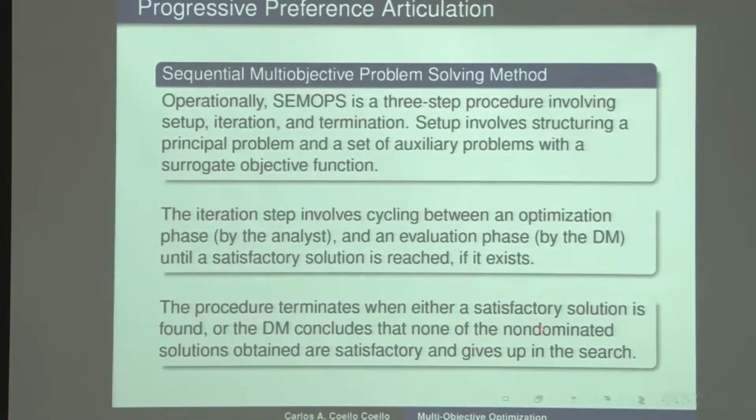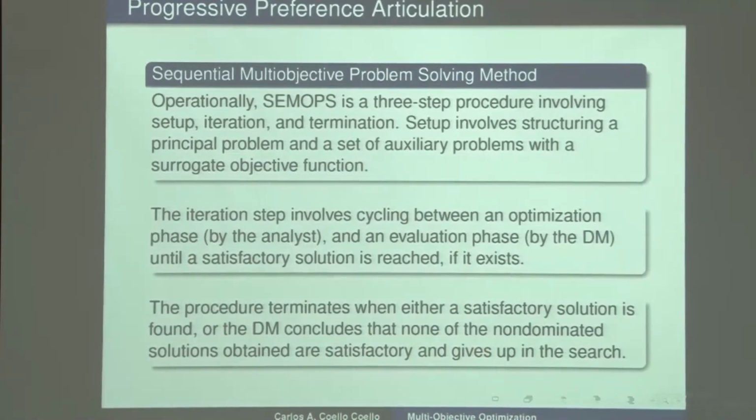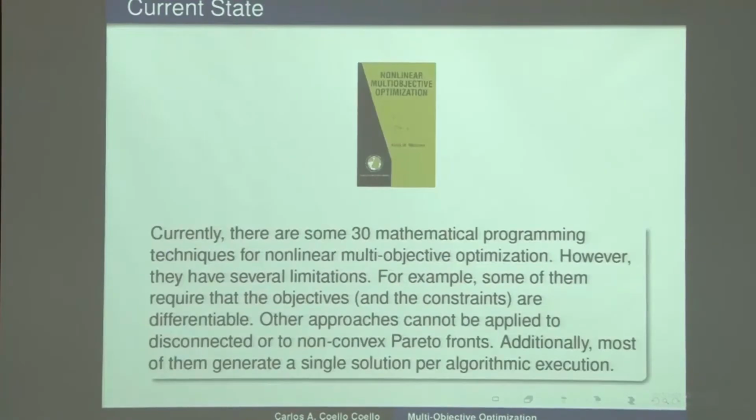And it terminates when either a satisfactory solution is found or the decision maker concludes that none of the solutions are satisfactory, and then he gives up and says, that's it, I'm done with this problem. And if you want to know more, there are also some good references on this method.